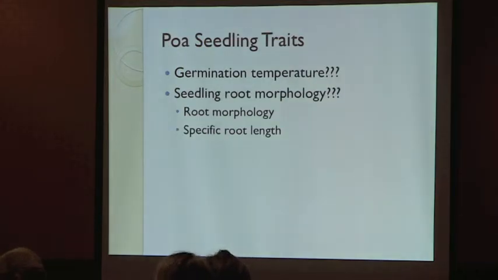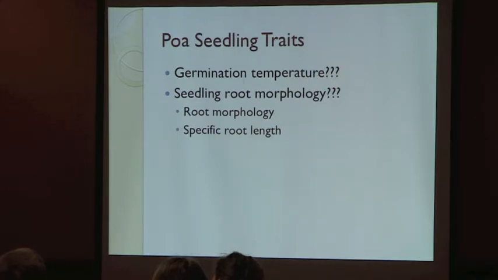And then also I wanted to talk about Poa seedling germination traits. I planned to do this, but it has kind of been stalled. So what do we want? We only looked at adult plants in the study. I've only discussed adult plants so far, but we really want to be able to compete with invasive annuals.